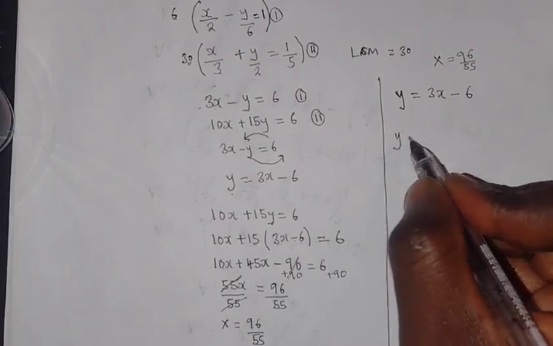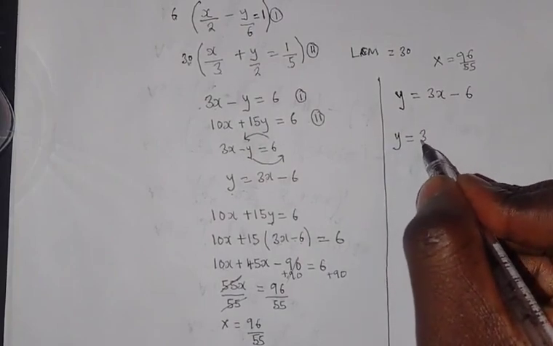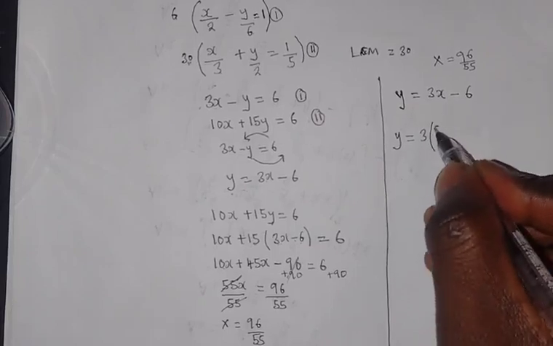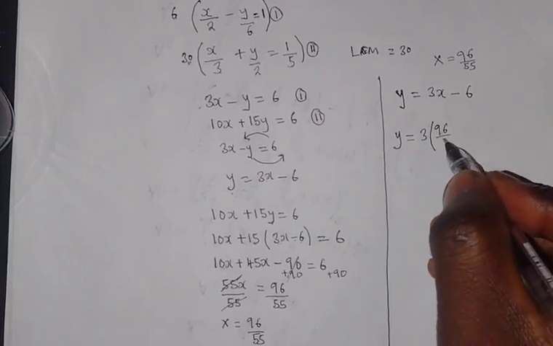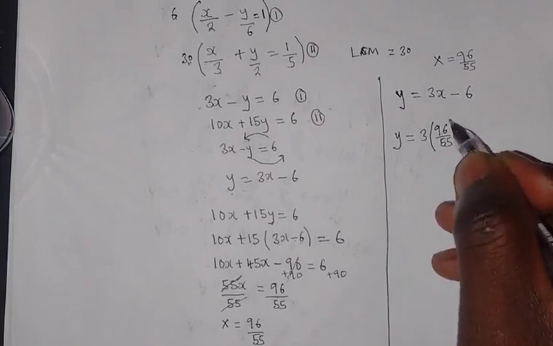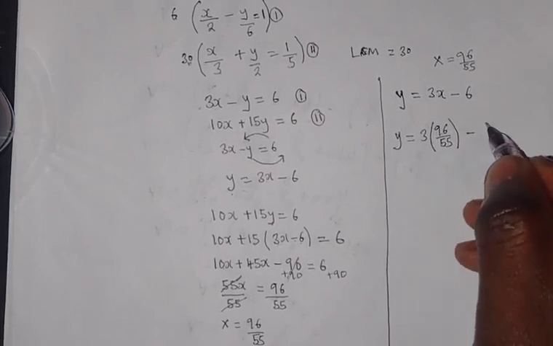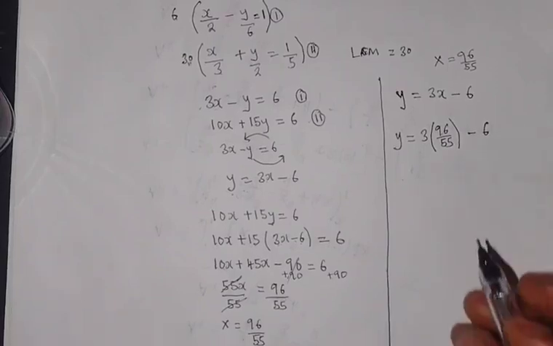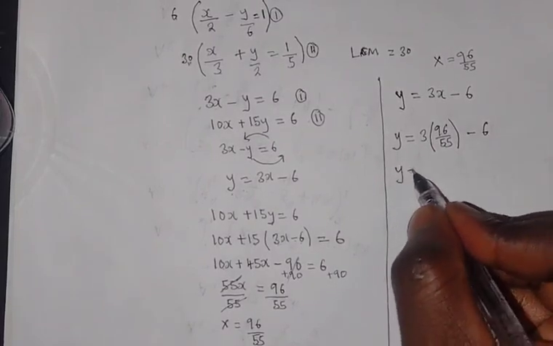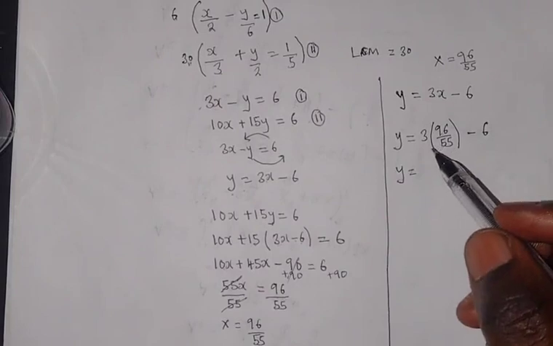So this will be y is equal to 3, where there is x, we'll put 96 divided by 55, then minus 6. Okay, so this is what we have. We can write y is equal to, here we can just expand.